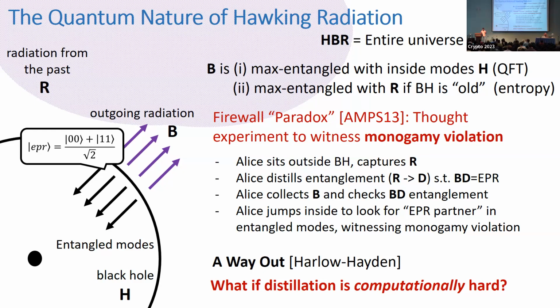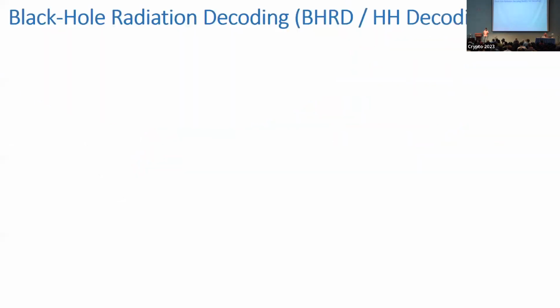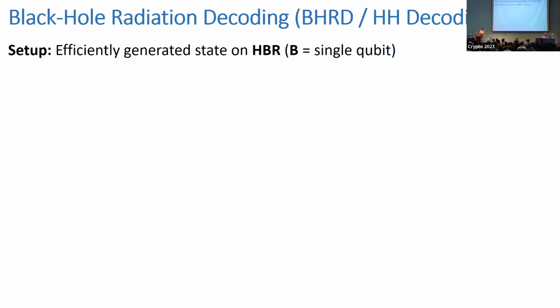I don't want to get into that too much, but we want to think about the computational aspects of this decoding problem. So let's zoom in and be a little more specific about this black hole radiation decoding problem. The setup is the following. The laws of nature have a way to efficiently generate the black hole.